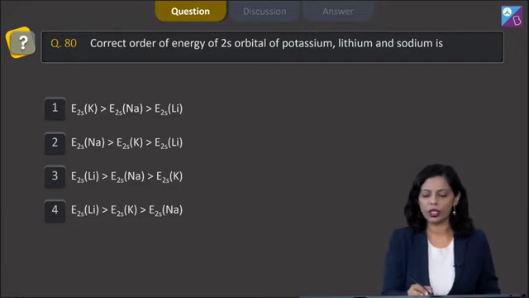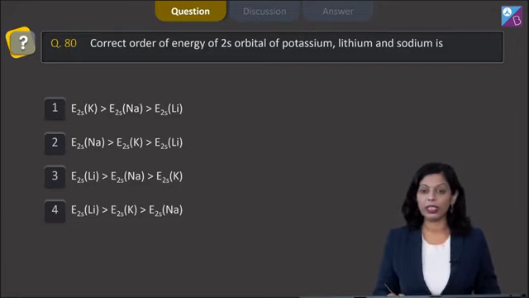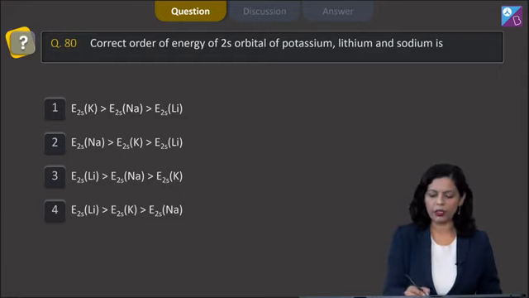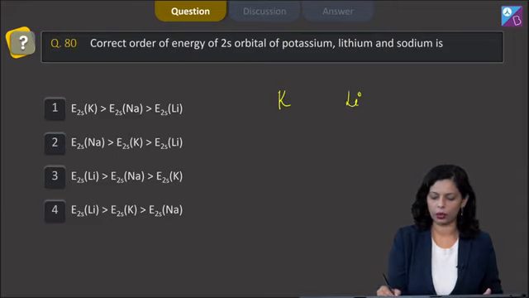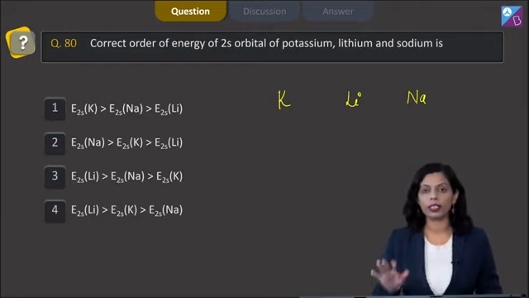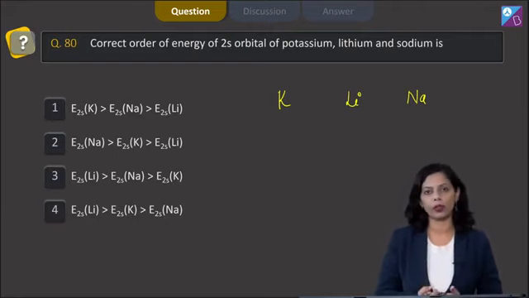Correct order of the energy of 2s orbital of potassium, lithium and sodium is. It means we have 3 elements with us. One is potassium, other is lithium and sodium, right? Now if you talk about the energy of the orbital, that is based on the effective nuclear charge, right?